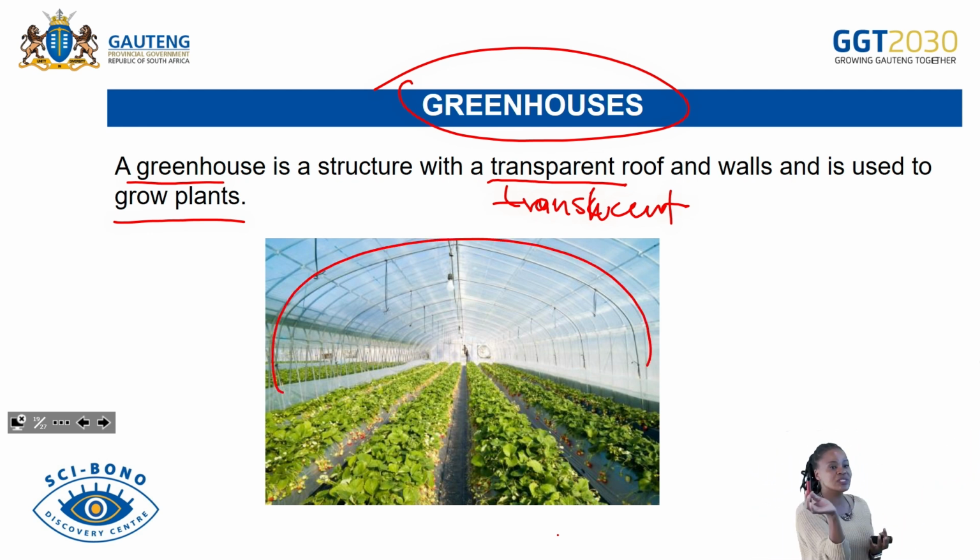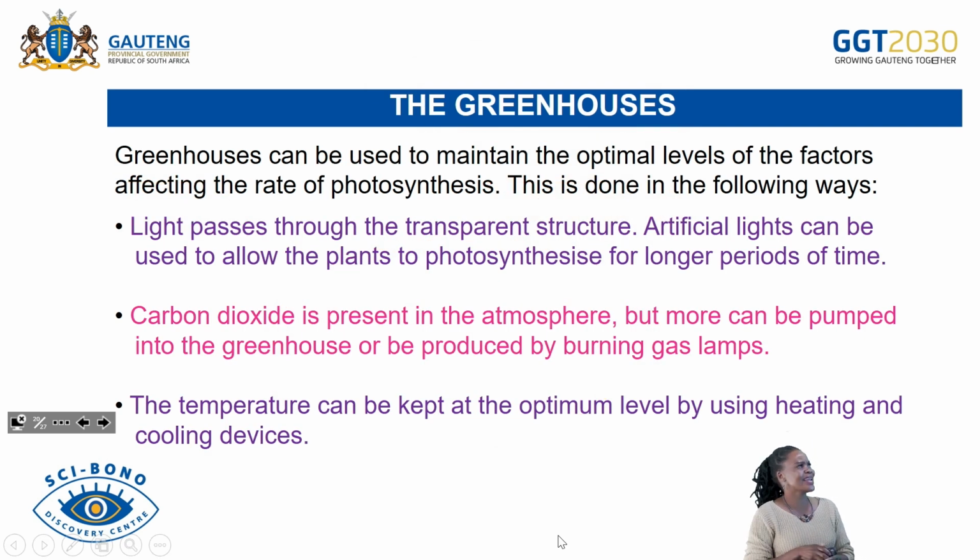When you look at the structure, you can see that it is made up of transparent glass. It can also be made up of transparent thick plastics which cannot get broken easily. So this is the structure. It is made up of transparent material, and then inside the house, that's where we are growing different plants under a controlled environment.